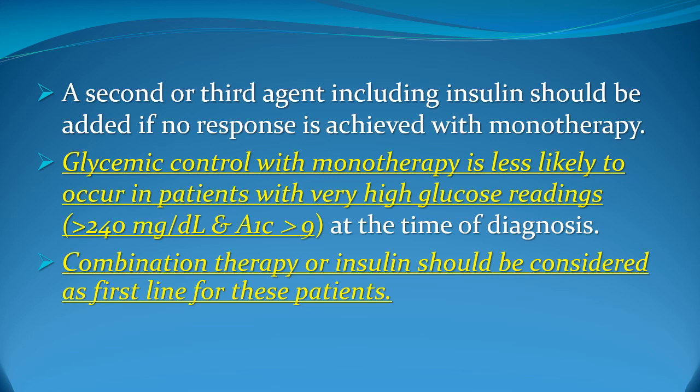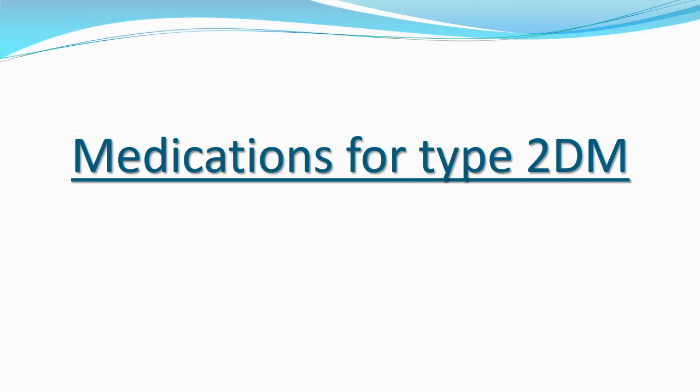So in these cases, it is wise from the start to abandon monotherapy and to choose two drugs belonging to different classes. Or even sometimes for these patients in whom the initial blood glucose level is more than 240 and the A1C is more than 9, it is wise to use a combination of oral medication and insulin therapy in order to achieve good control in the shortest period of time.